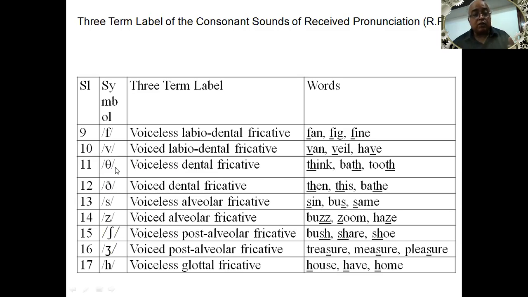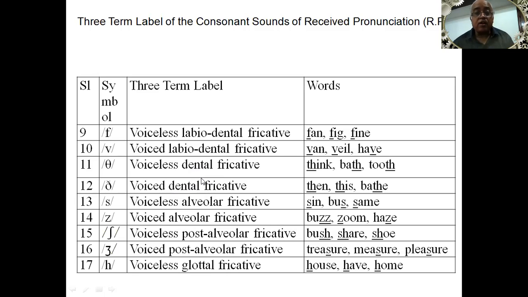The vocal cords are held wide apart. The air passes through. There's a lot of friction. The dental, the tongue comes in between the upper teeth and lower teeth.